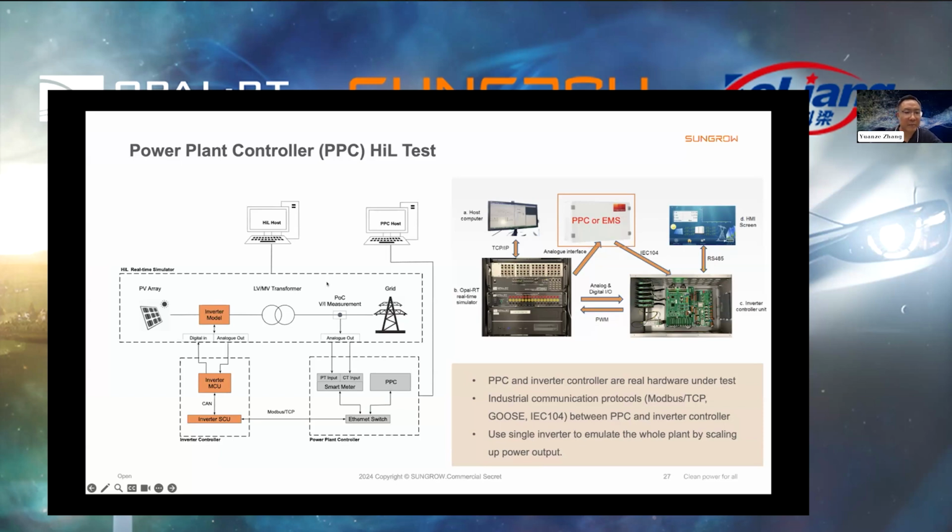So in this case, we can mimic a whole power plant. Instead of building a real power plant to test the PPC, we can run almost all the tests of the PPC's function via this HIL test platform.